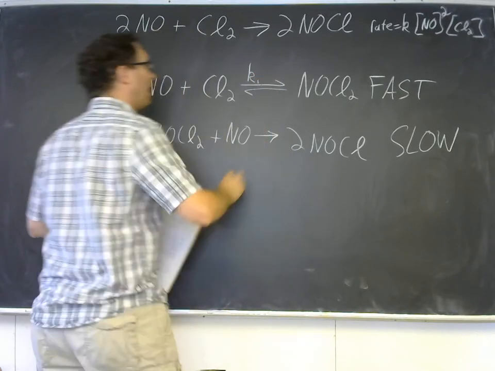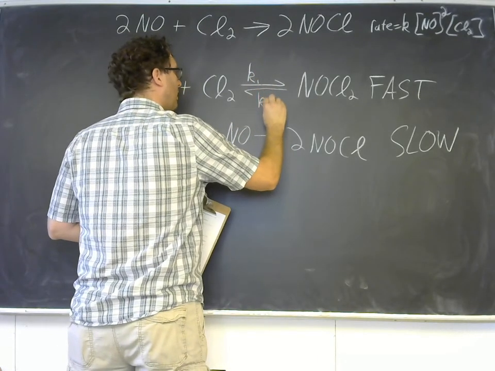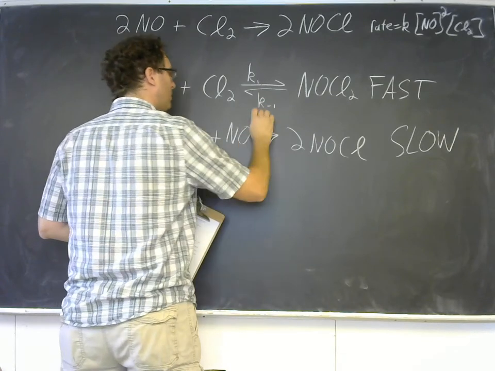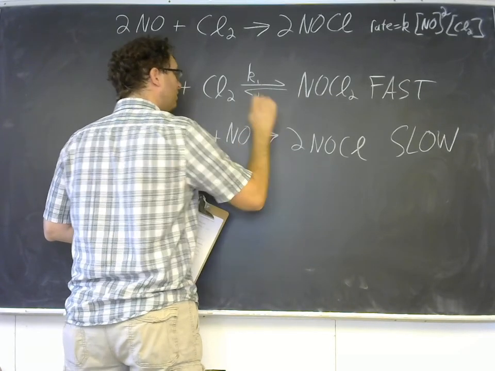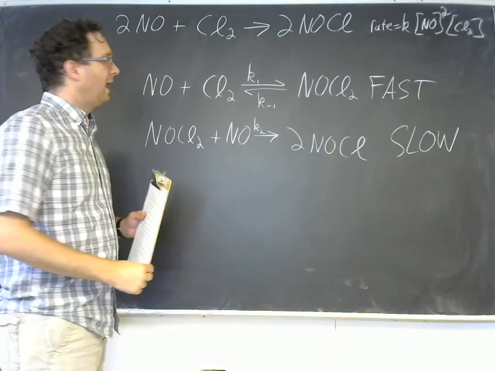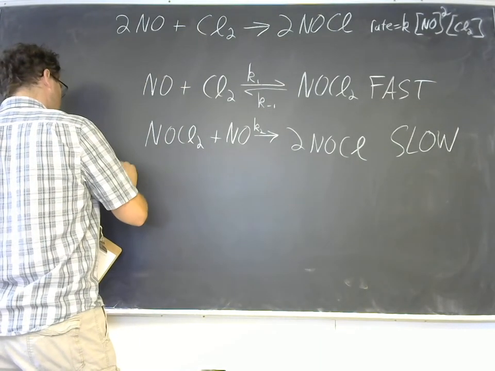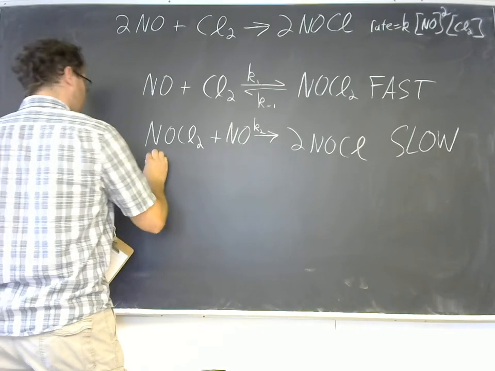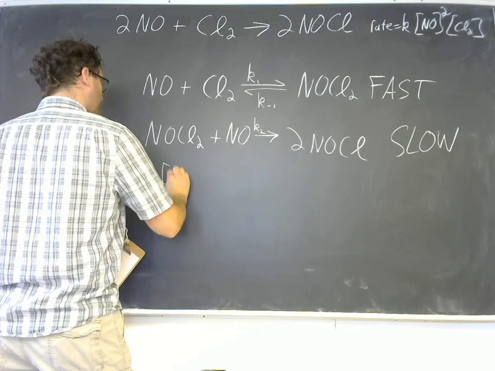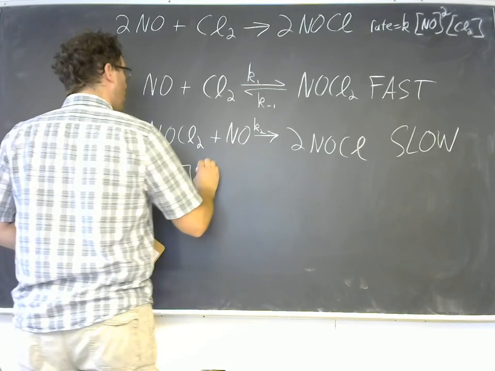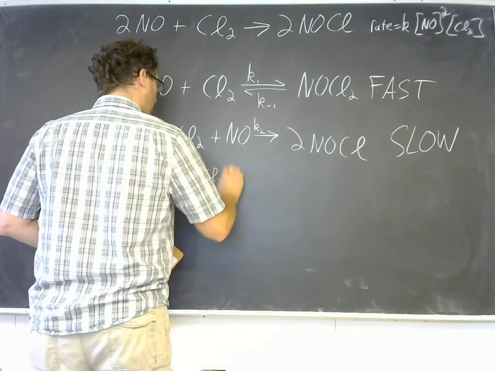We have a K1 and a K negative 1 and a K2. Each of these has its own rate constant. And rate 1 is going to equal K1 times the concentration of NO times the concentration of Cl2.